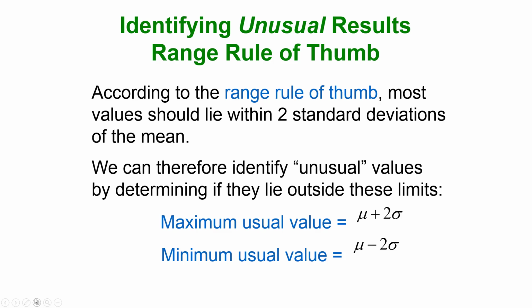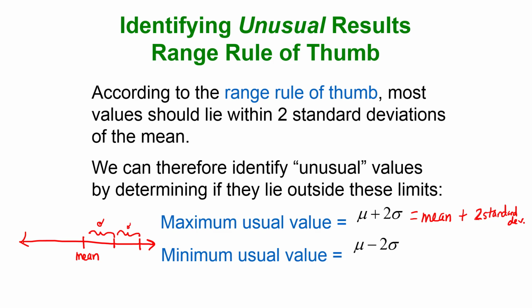How do we represent that? Remember, mu is the mean, and then we're going to add to that 2 times the standard deviation. If you imagine a number line where we have put our mean value on the number line, and this is one standard deviation sigma and this is another sigma, the value we're looking at here is the mean plus 2 standard deviations, mu plus 2 sigma.